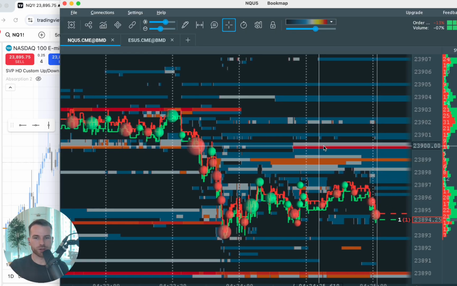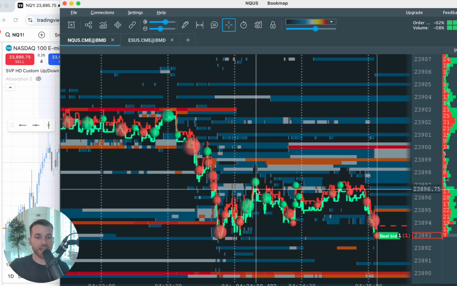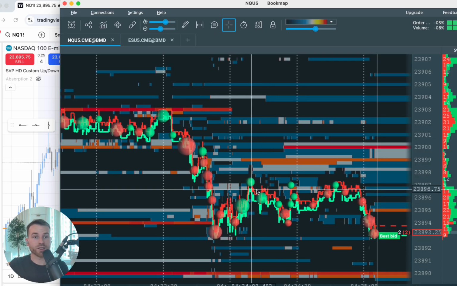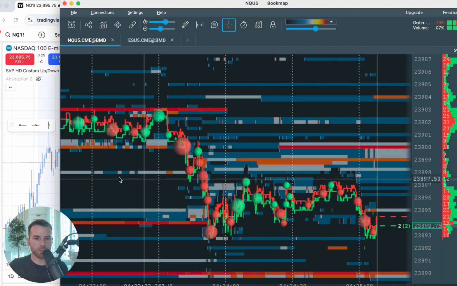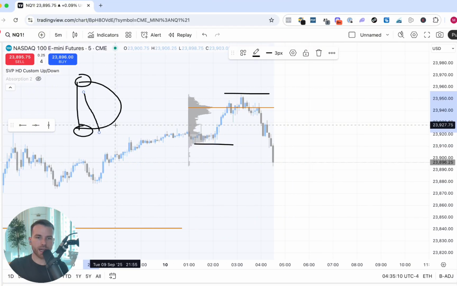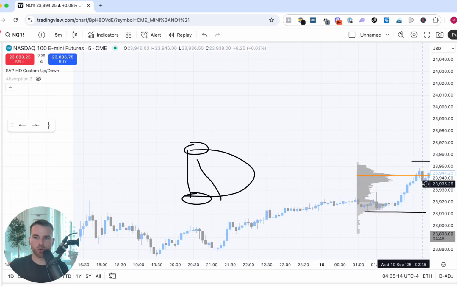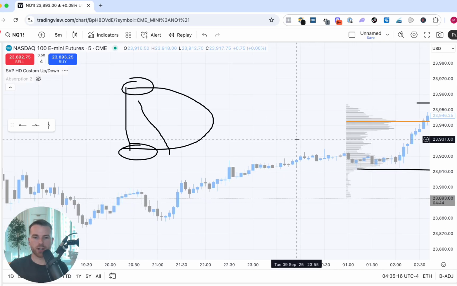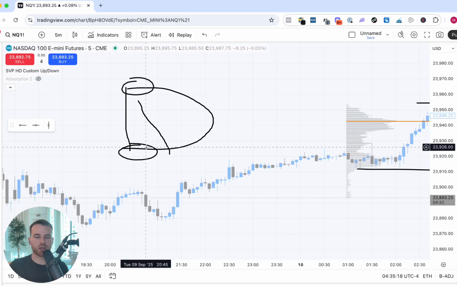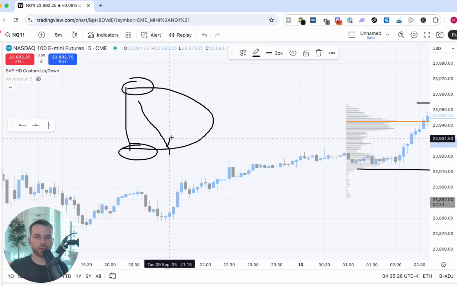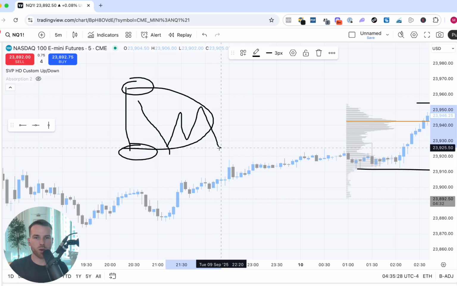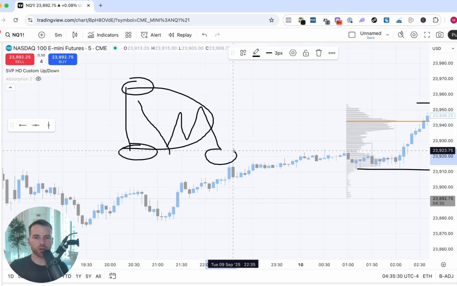Third piece of the puzzle is buying being rewarded or is selling being rewarded? So for example, if we move down to, and I'm going to make this a little bit bigger for you guys here, if we move right here to the downside of our volume profile, you want to see that once the market reaches your level of interest, so for example, we trade back and forth, and now we are here at our level of interest, okay?